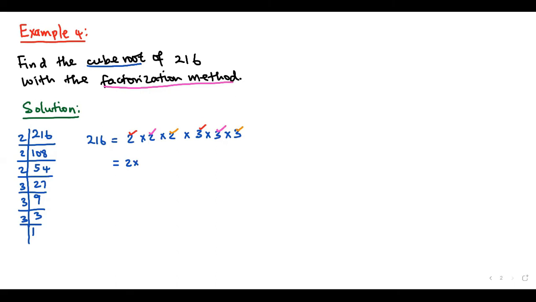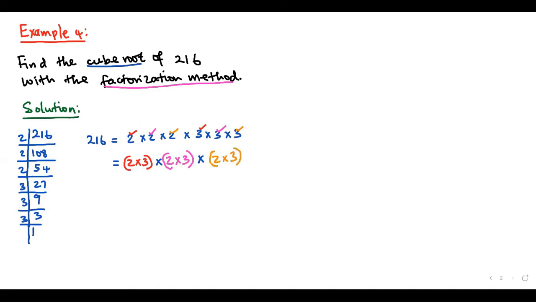So this means that we are going to have 2 times 3. Let me use this color to make it more visible. Let's say 2 times 3. Then we will have times another group, which is 2 times 3. Then times the last group, which is these 2 times these 3.